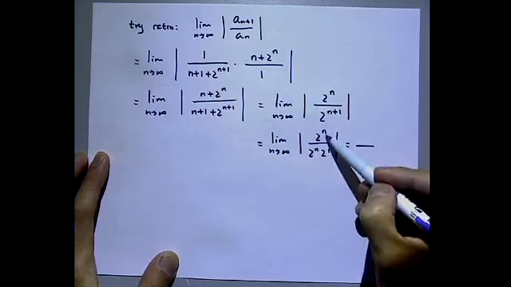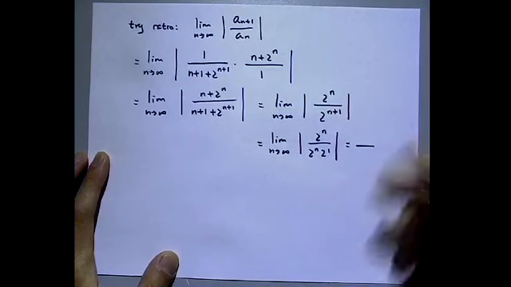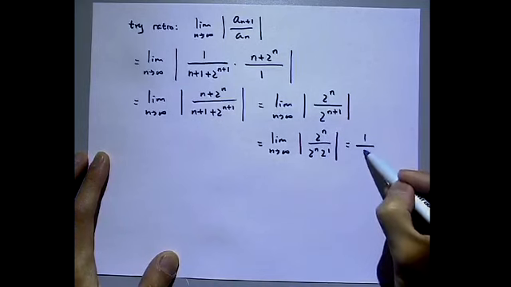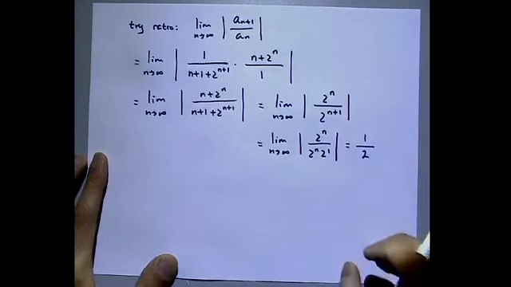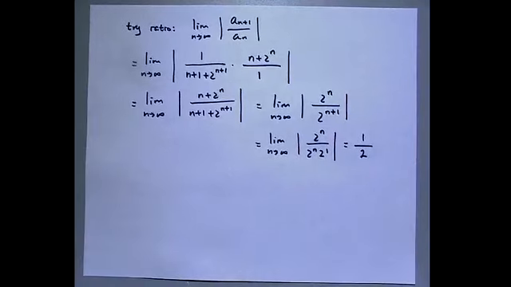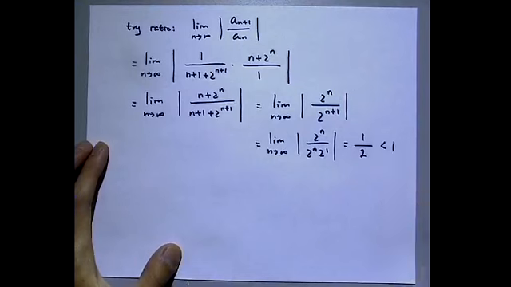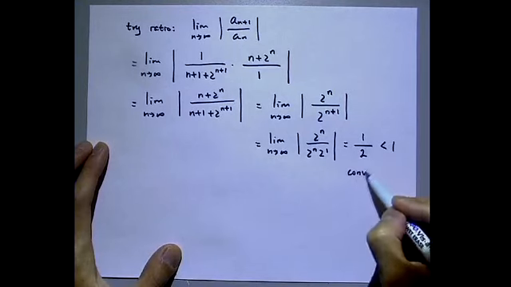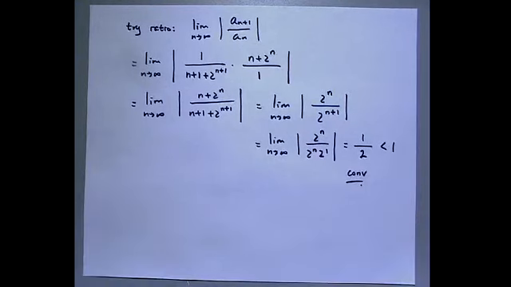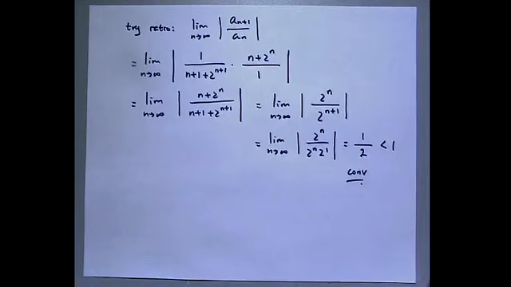And obviously 2 to the n will cancel each other, and we end up with a 1 over 2. And that's good news. That's less than 1. Excellent. This thing converges. Okay?